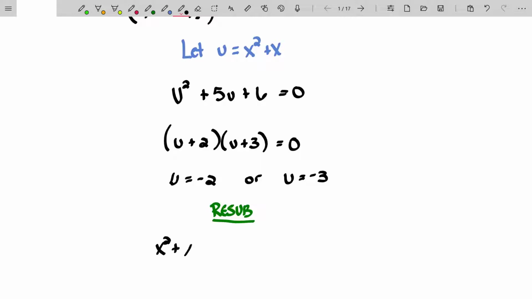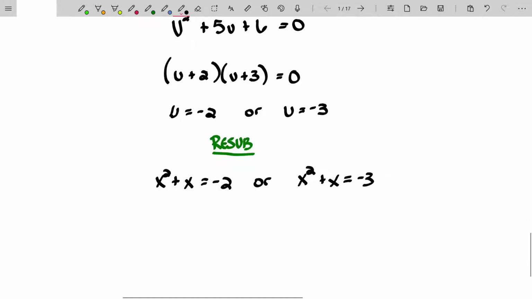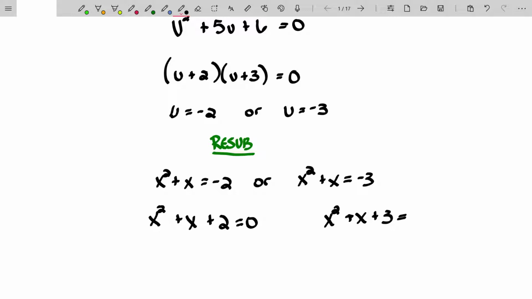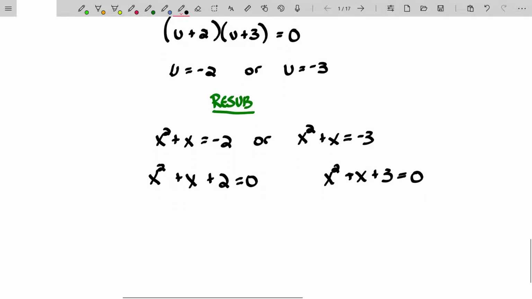So we have x squared plus x is equal to negative 2, or x squared plus x is equal to negative 3. The other one's not nice to solve, but anyhow, it doesn't really matter. The fact is, you arrive at these two quadratic equations, and from that point, you would solve them out and find out what x is.